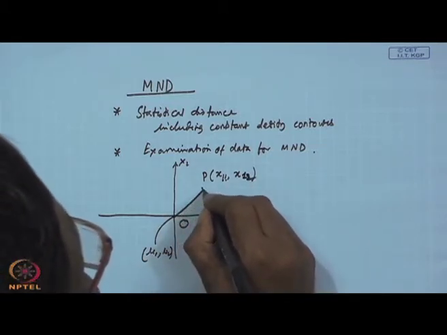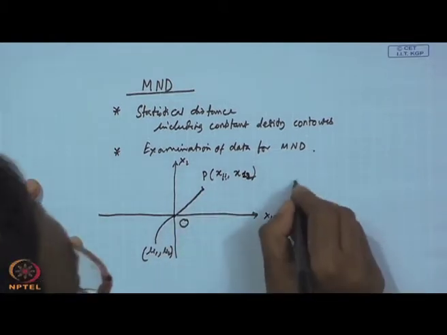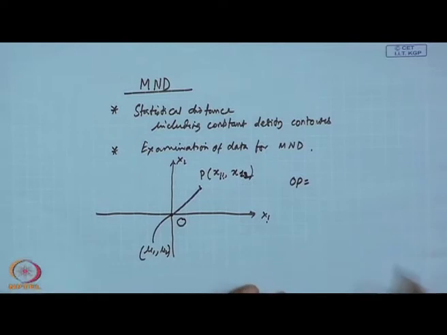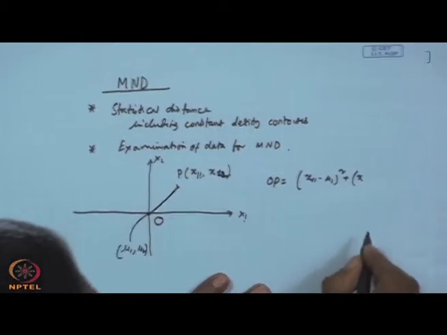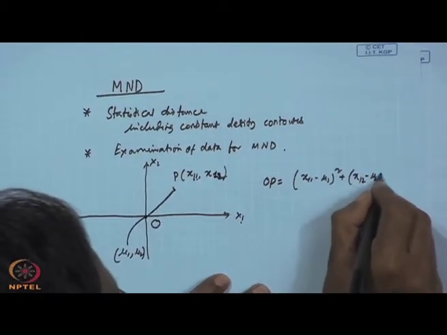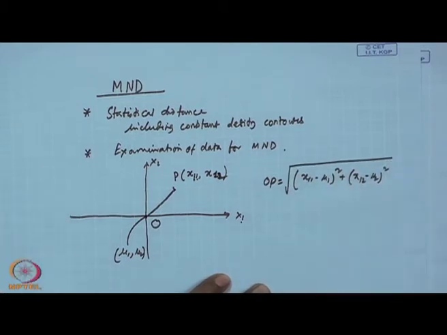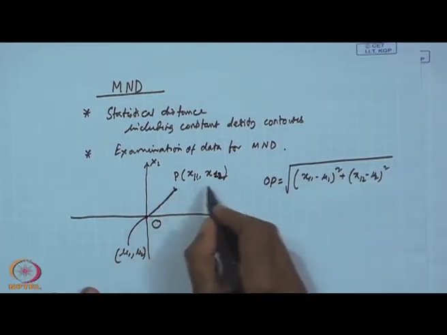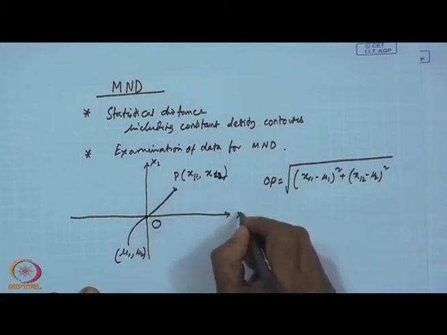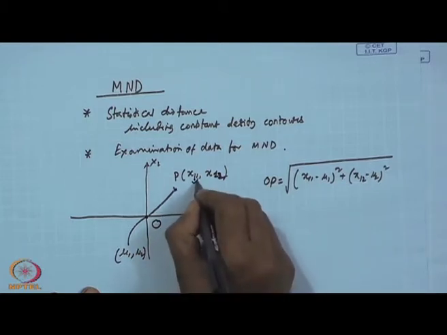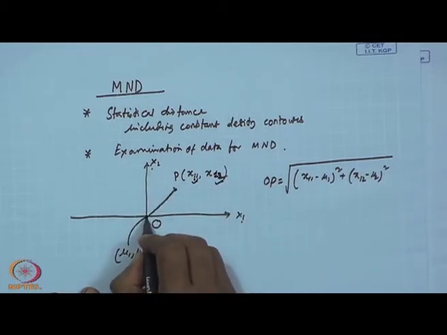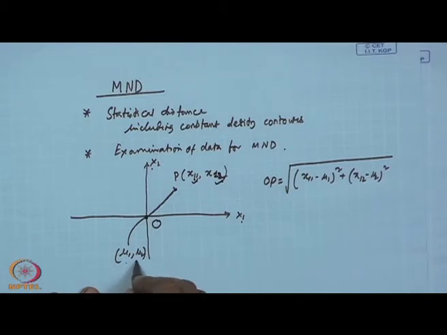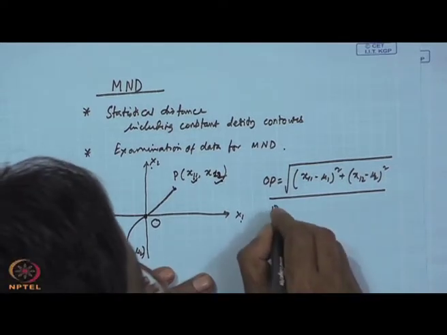Then the distance between these two points, OP, is the square root of (x11 minus mu1) squared plus (x12 minus mu2) squared. This is known as Euclidean distance.